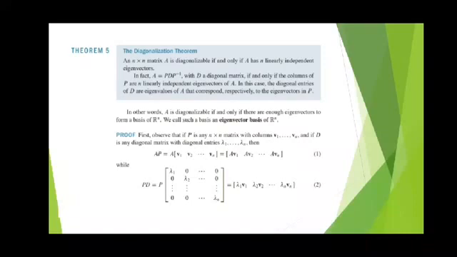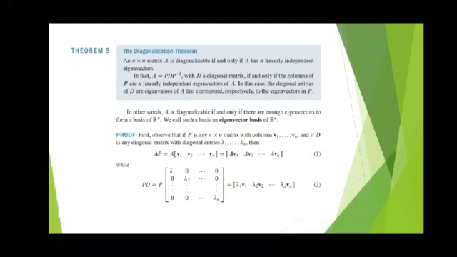In this case, the diagonal entries of D are the eigenvalues of A that correspond respectively to the eigenvectors in P.